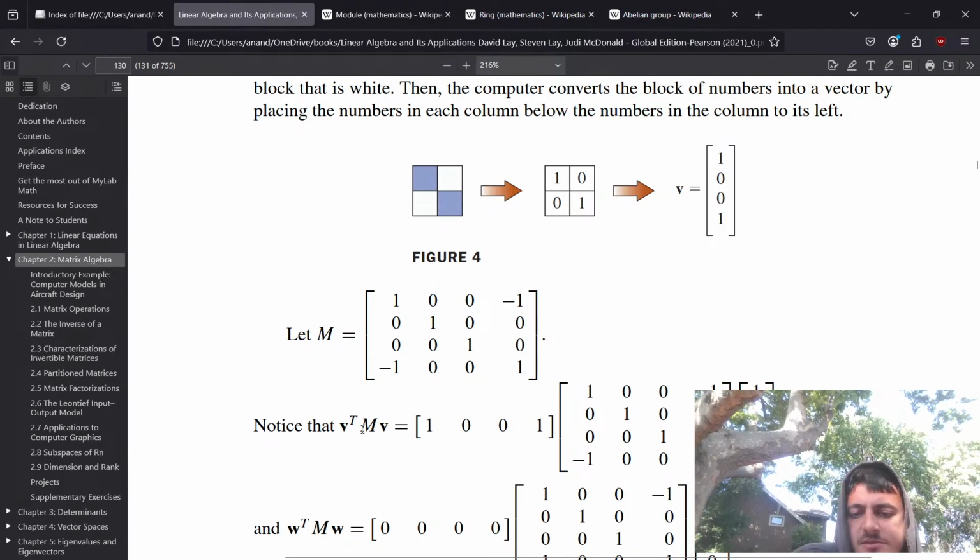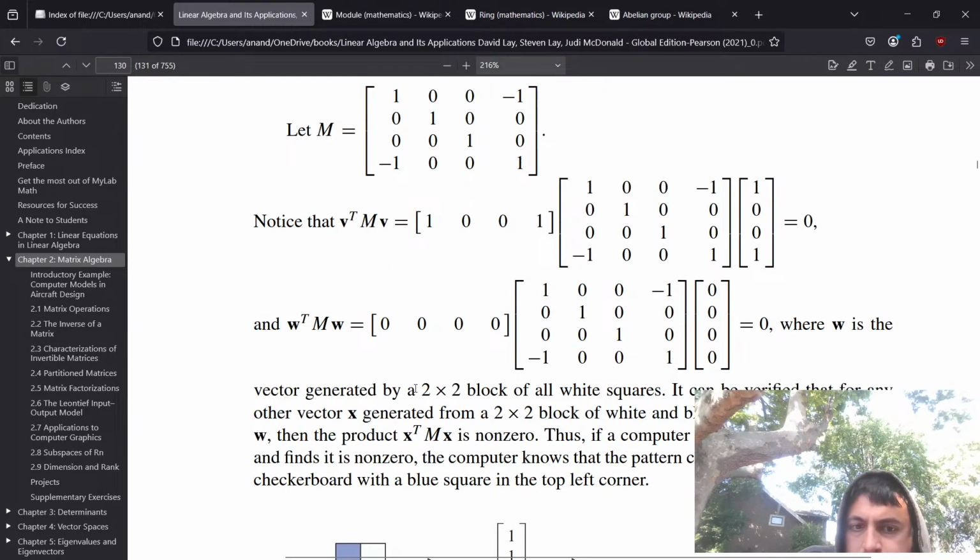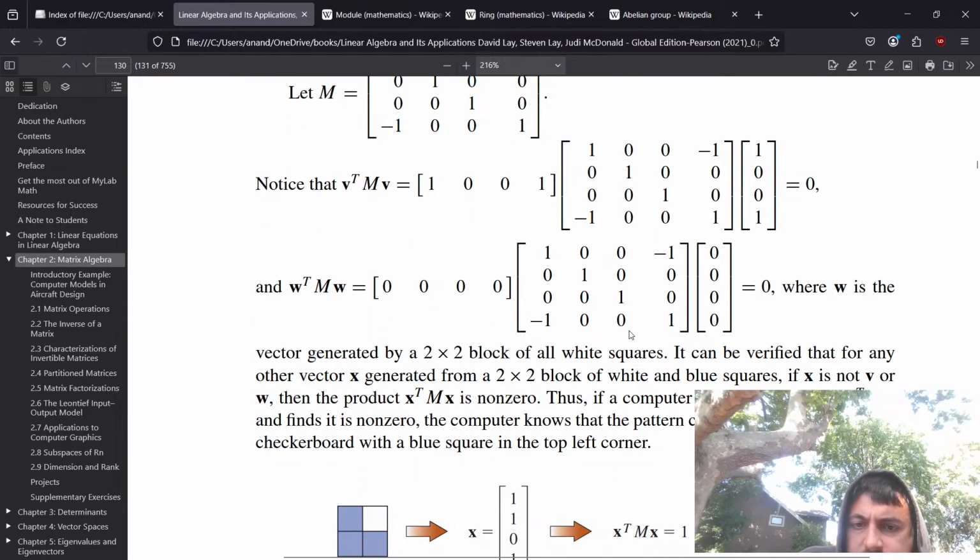Oh, V transpose MV, where W is the vector generator of all white squares. It can be verified for any other vector X. If X is not V or W, then this is non-zero.